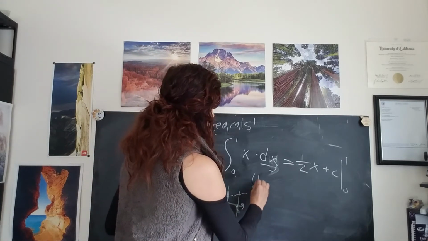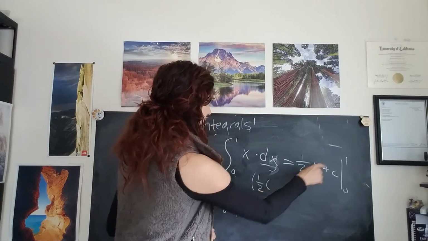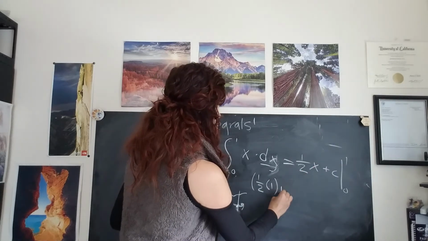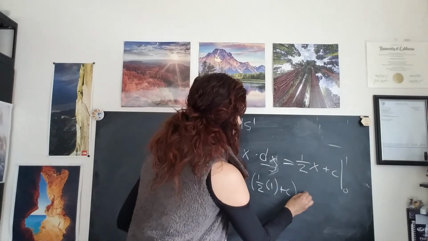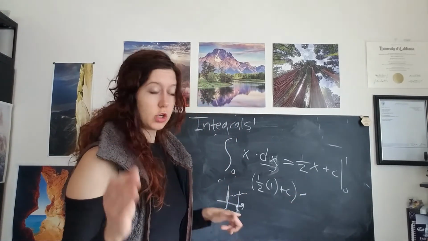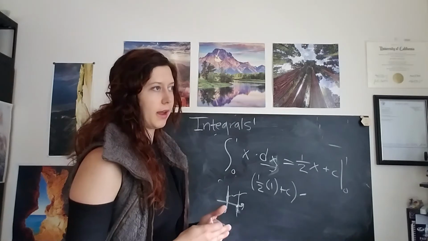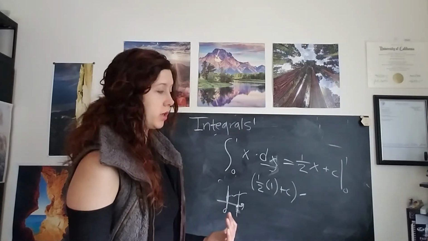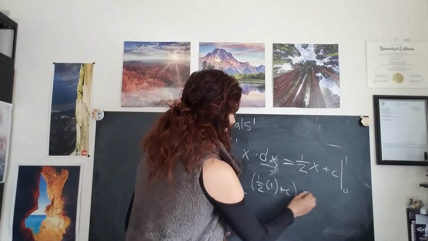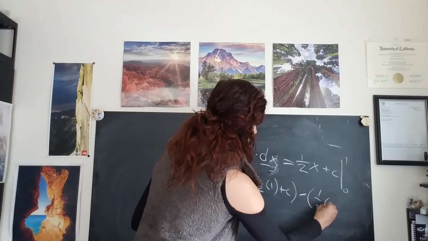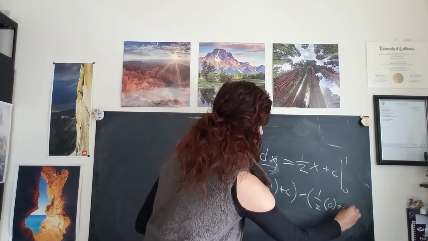So you have 1/2 from x is 1, so 1/2 times 1 squared plus c. And then you minus, again, just like you would do if you were to find the distance between 2 points, minus 1/2 times 0 squared plus c.